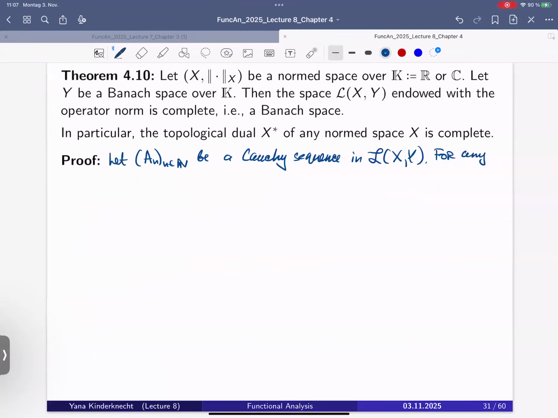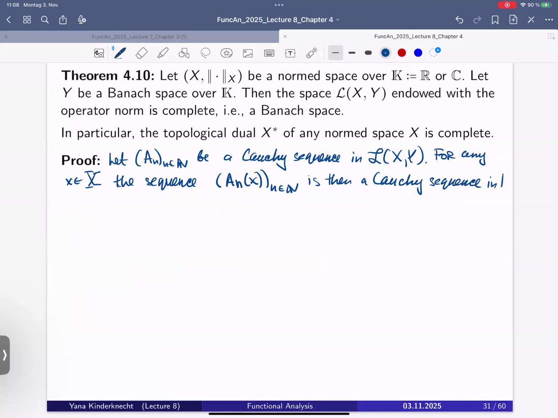For any x in X, the sequence A_n x is then a Cauchy sequence, not in K, but in Y. And now we know that Y is a Banach space.